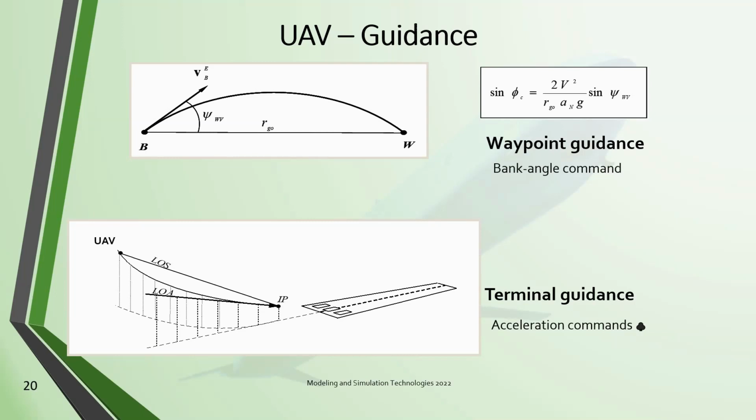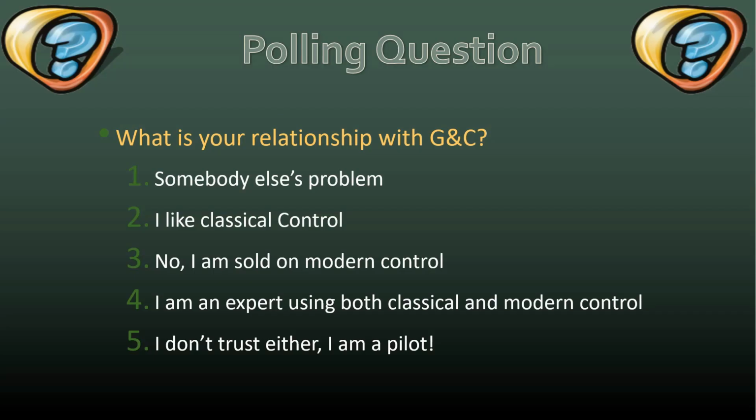You may be overwhelmed by these guidance and control options. And yes, guidance and control is not a simple subject. You may say, well, it's somebody else's problem. I will have somebody else do the GNC for me. And then there's the difference between classical control and modern control.